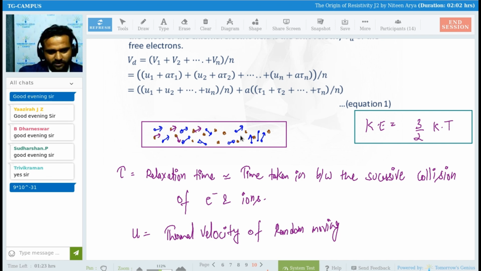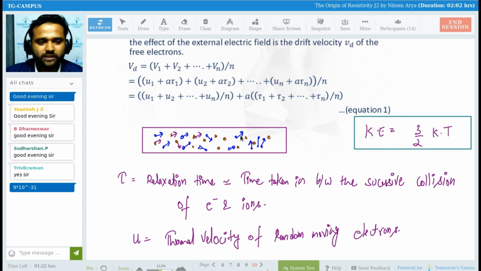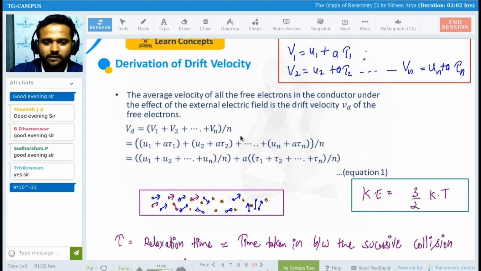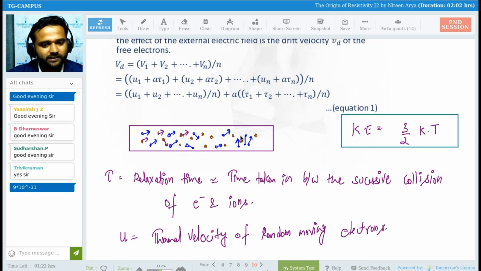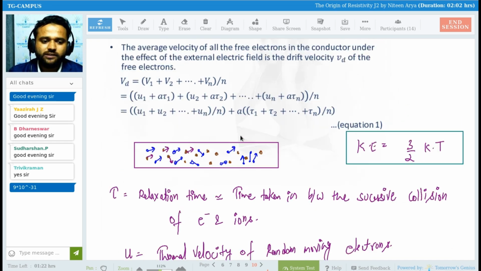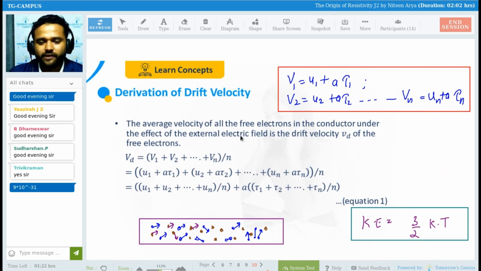So this u is the thermal velocity of randomly moving electrons. Clear everyone? What this tau is, what this u is, and there is a relation also, but we will focus here first and then find the relation. Is this clear, what tau and u are? Everyone?